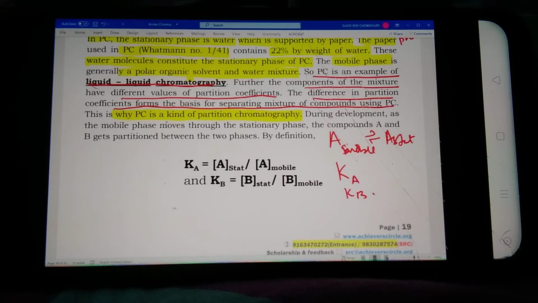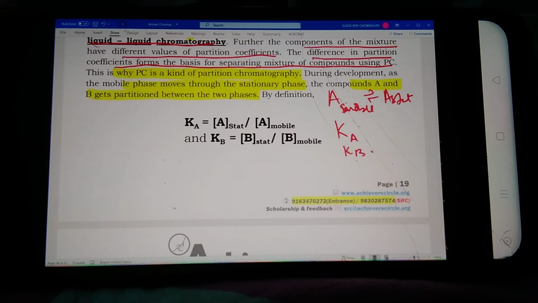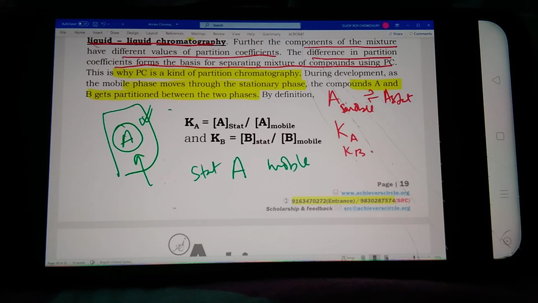During the development, as the mobile phase moves over the stationary phase, the compounds A and B get partitioned between the two phases. Basically, the component is getting sandwiched between the mobile phase and the stationary phase, which is water and so on.